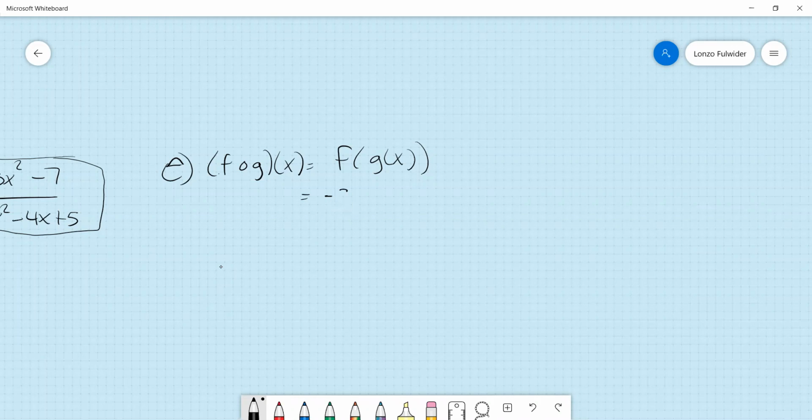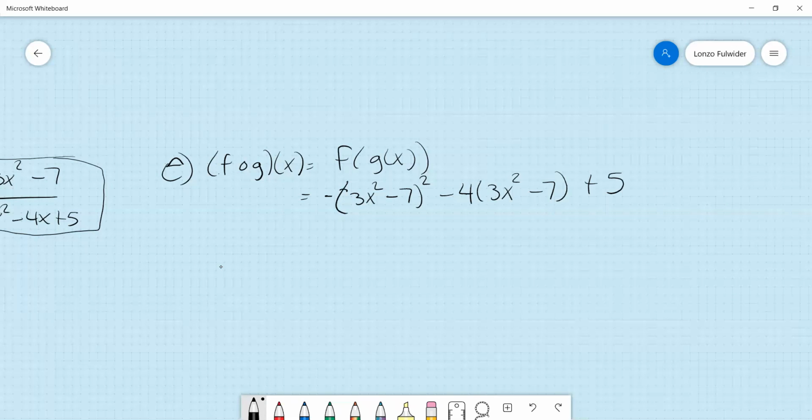Negative 3x squared minus 7 squared minus 4, 3x squared minus 7 plus 5. Okay, this is where your foiling rules will come in handy.